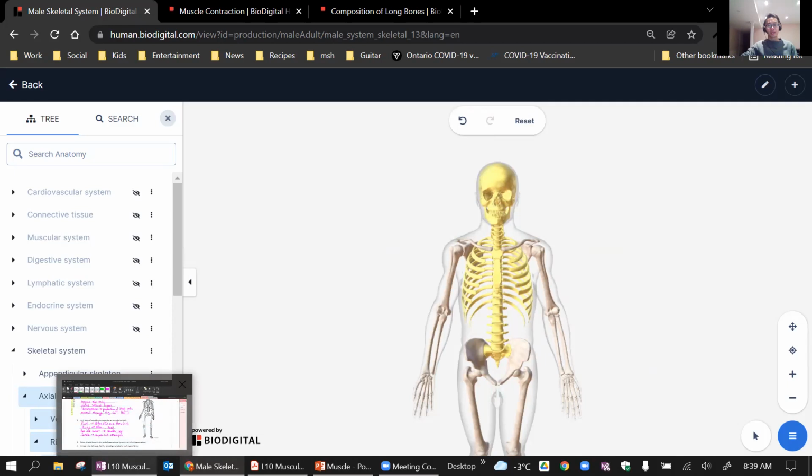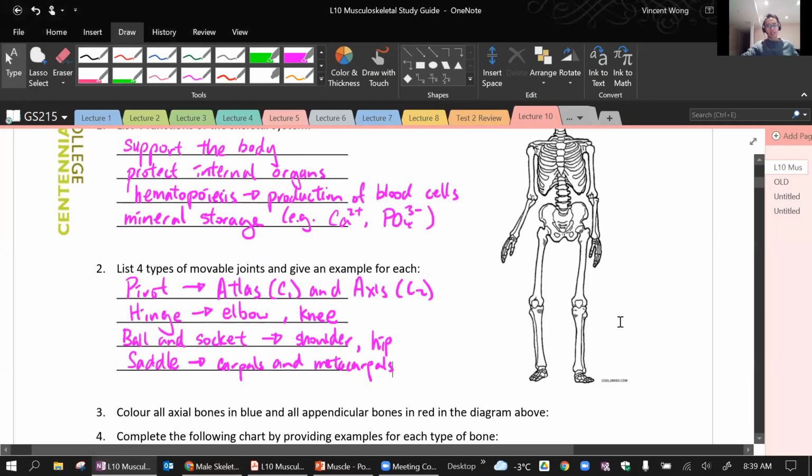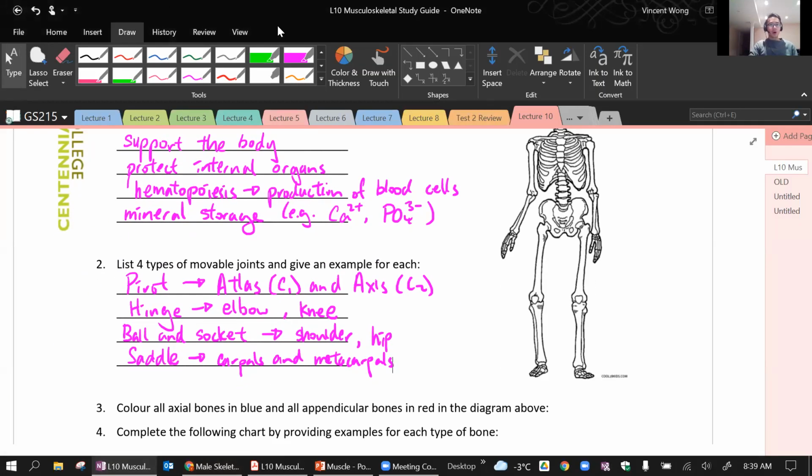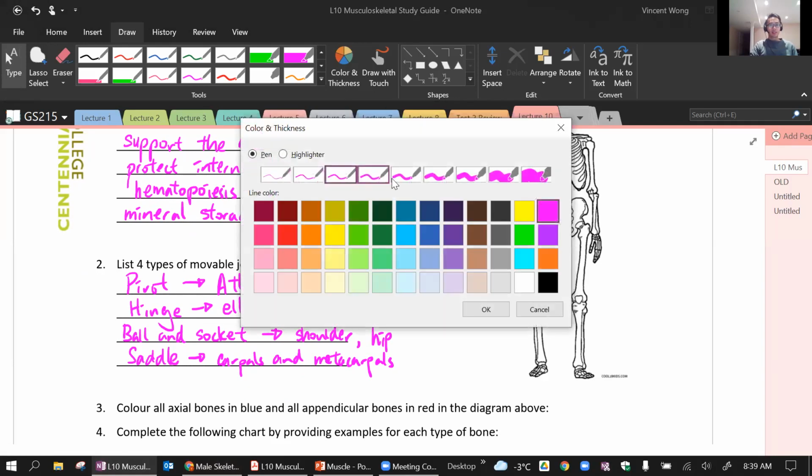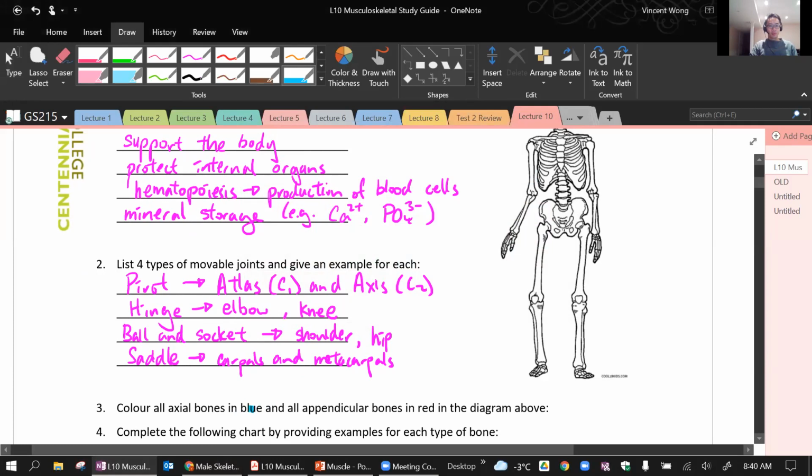Okay, so in our picture here, let's color them. Color all axial bone blue. Blue is axial bone.